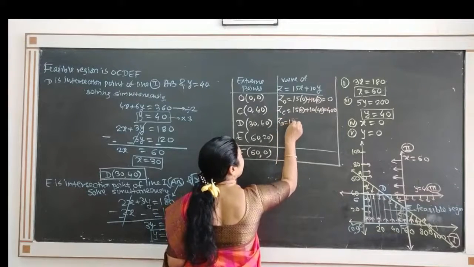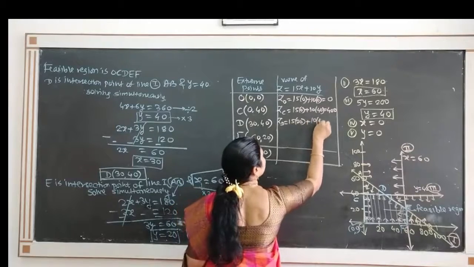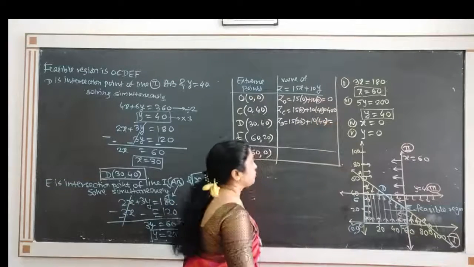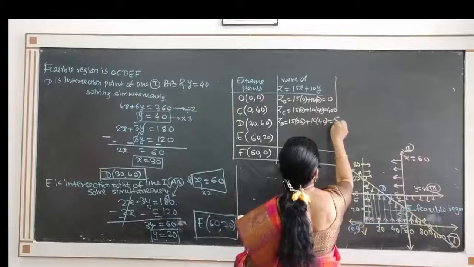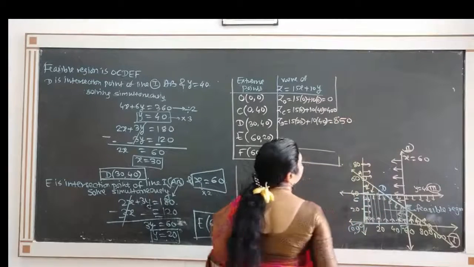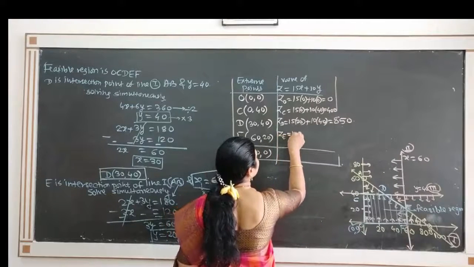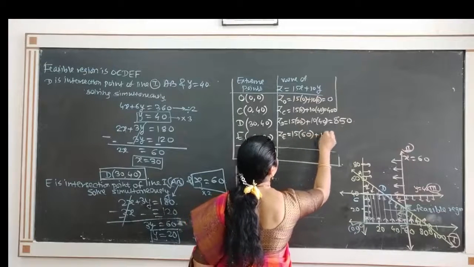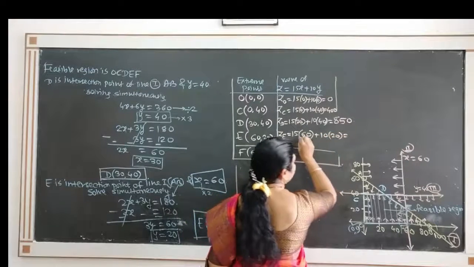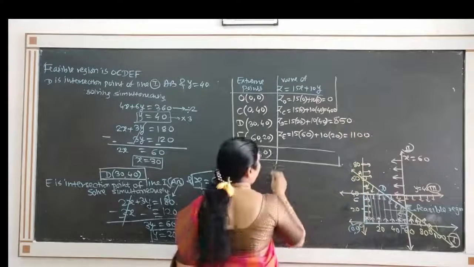Z at D point, that is 15 into 30 plus 10 into 40, which is nothing but 450 plus 400, that is 850. Next one is Z at E, which is nothing but 15 into 60 plus 10 into 20, that is 900 plus 200, 1100.